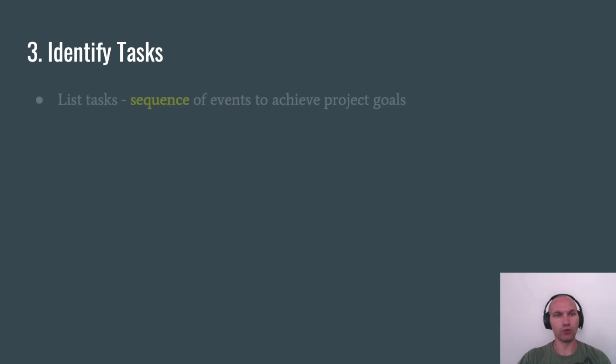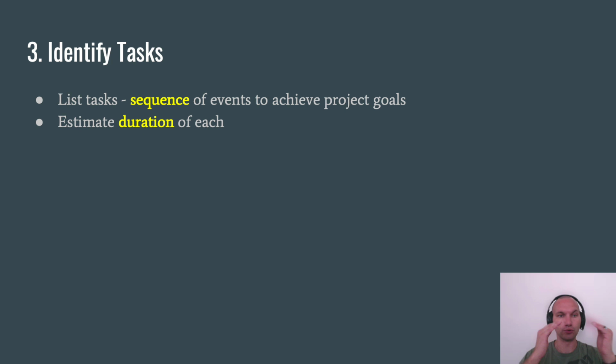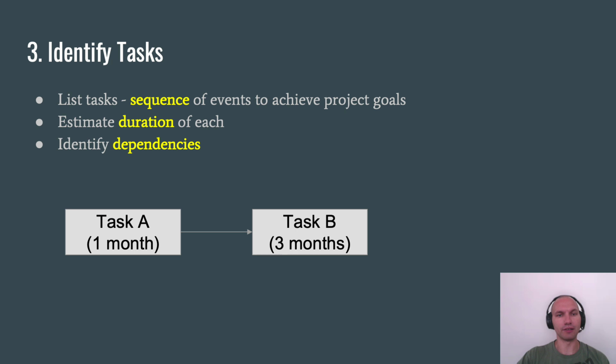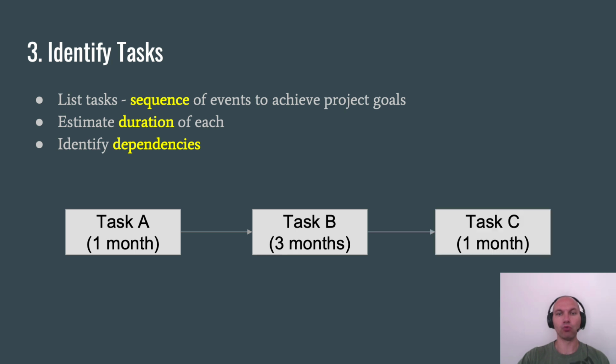So how do we go about identifying these small tasks, the list of steps to be taken along the way to complete your project? First, you're going to list them all and put them in sequence, and then you will estimate the duration, and then you'll identify dependencies. What I mean by identifying dependencies is you will determine which things have to be done first.